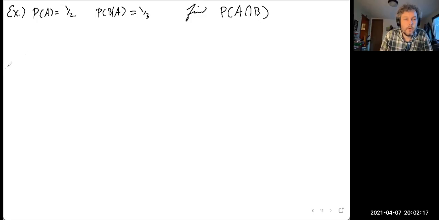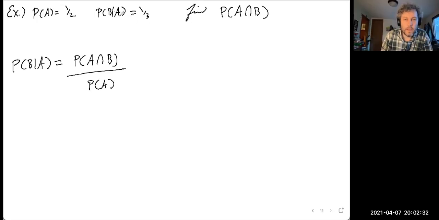So the probability of B given A is defined to be the probability of A and B, or B and A, doesn't matter the order, over the probability of A. And they give me the conditional probability. They give me the denominator. So I claim I can find the numerator. So this equals 1/3 equals probability of A intersect B over 1/2. Okay, so we can use algebra to find this.